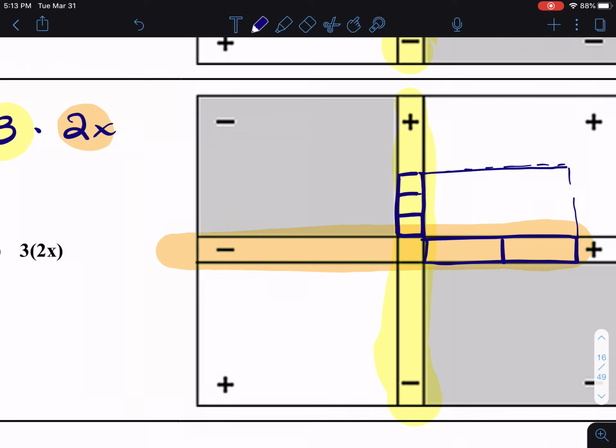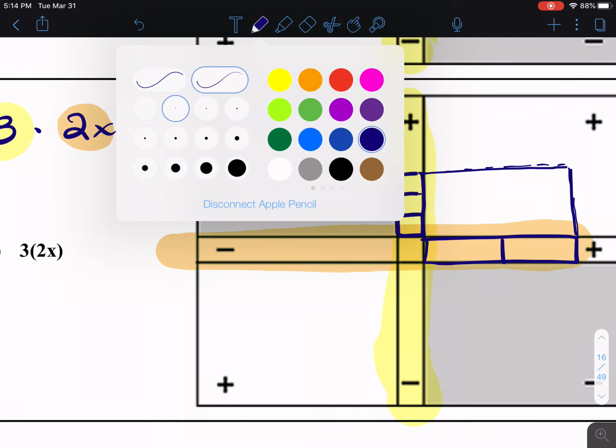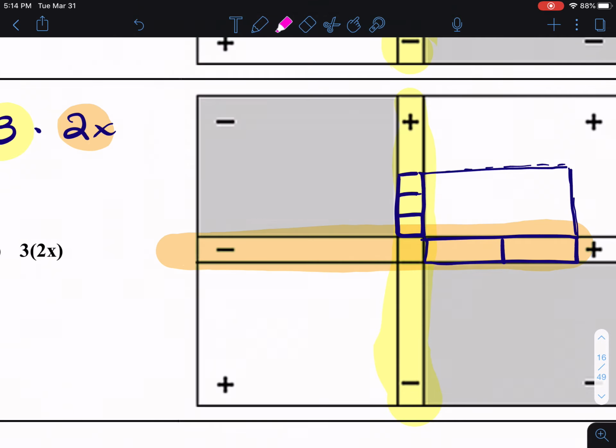That's going to be our product. We need to figure out what that is. To do that, let's make sure everything lines up. And if we line everything up, then we have 3 times 2x, and these are 6x's, and they are positive, in the positive quadrant.